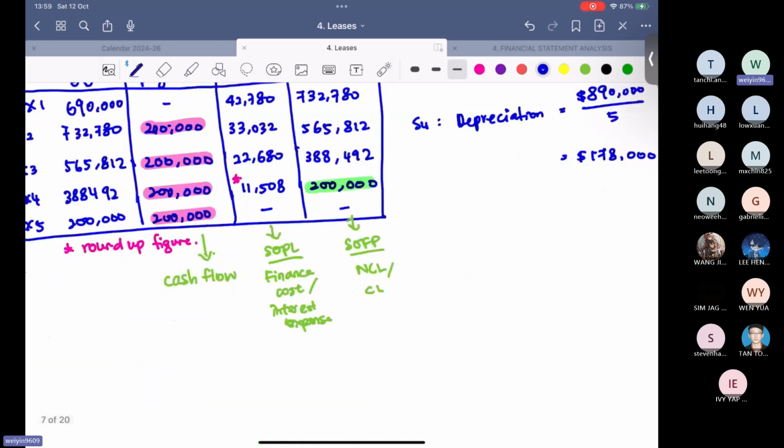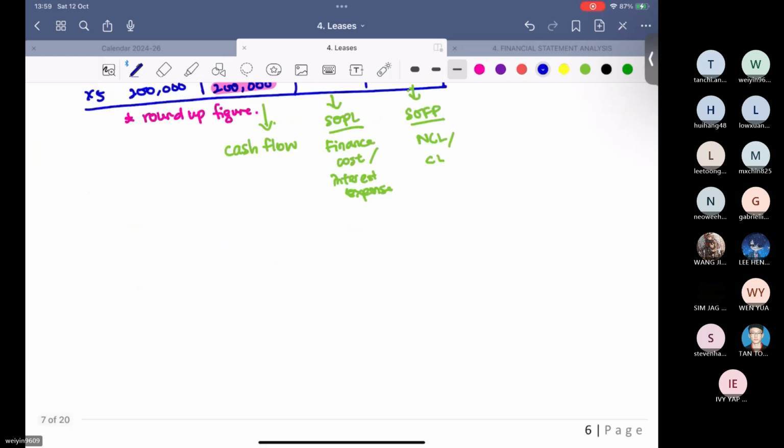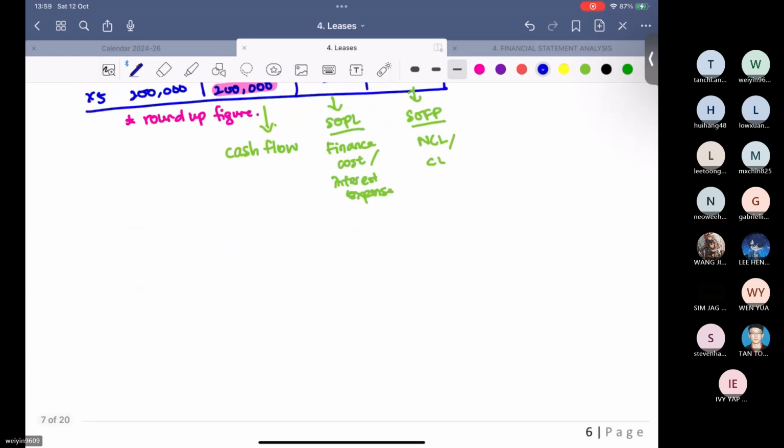other than this one, let's look at the journal entry. Based on the question, for the journal entry, we have initial recognition, which is on 1st January 20X1.